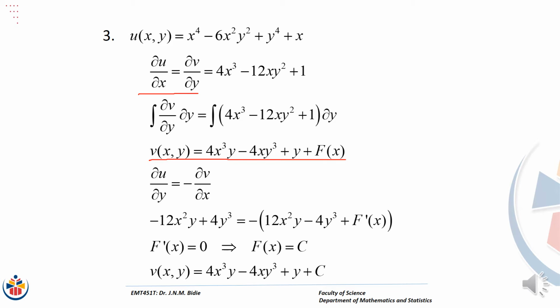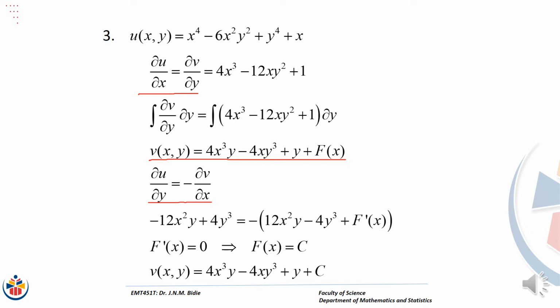And then we go to the next Cauchy-Riemann equation, du over dy equal to negative dv over dx. Du over dy, we go back to the original equation. Differentiate u with respect to y. That gives us negative 12x squared y plus 4y cubed.